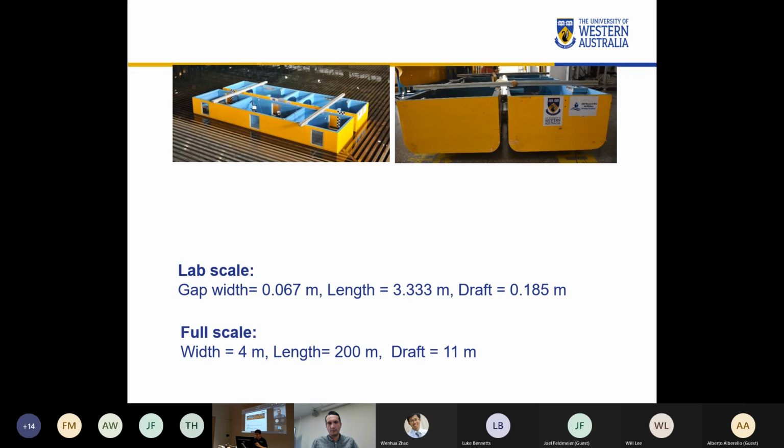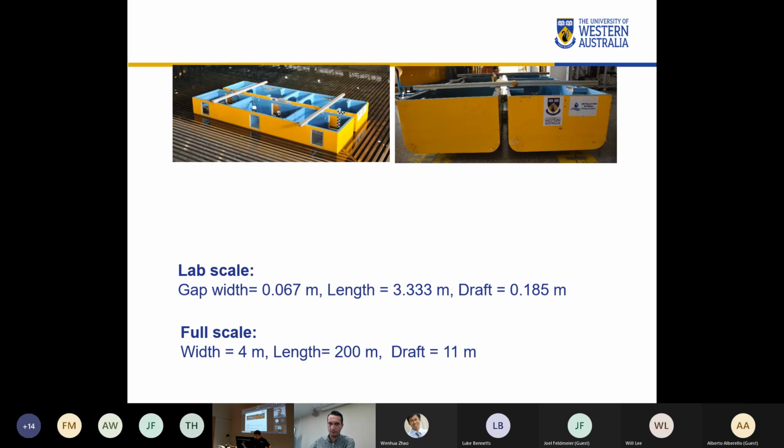At full scale, it corresponds to a 200 meter long vessel with 11 meters draft, and the gap width between the two vessels is 4 meters.